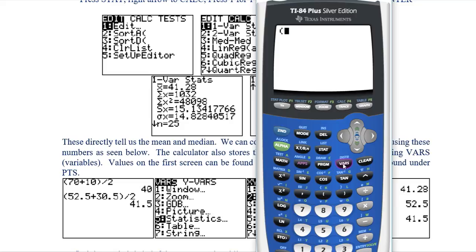Parentheses, variables, number 5, points, number 7, Q1 plus, let's do that again, 5, points, I bet it's number 8, let's see, no, it's 9, and there's the mid-quartile for the last data set, not for this one.